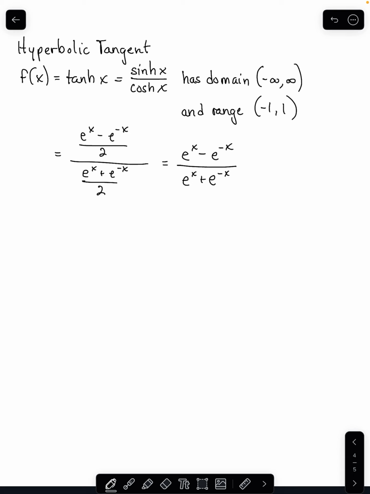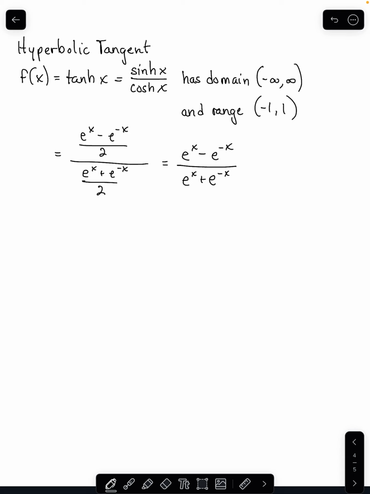Please note that this will, again, never quite be equal to 1, despite the fact that both terms start out with e to the x. As x goes to infinity, the numerator will always end up being ever so slightly smaller than the denominator, which will be ever so slightly bigger.